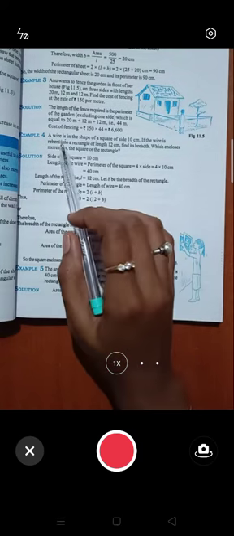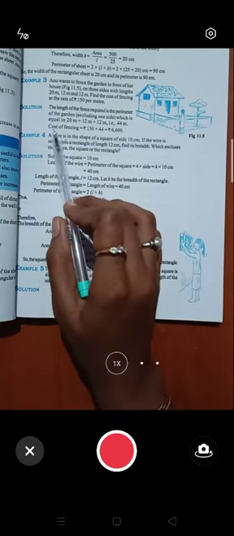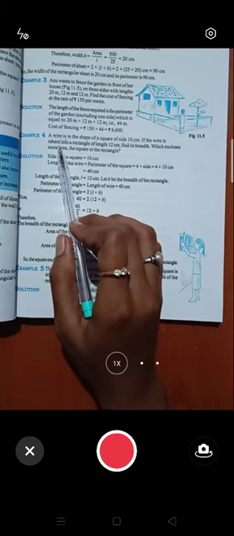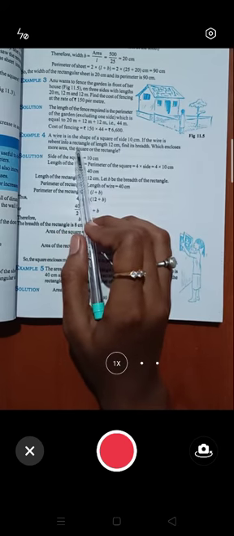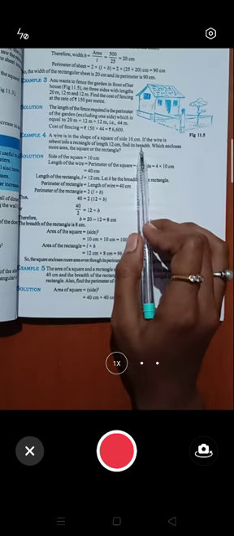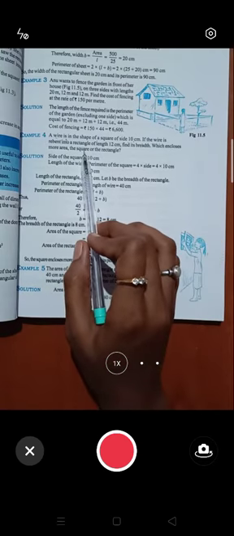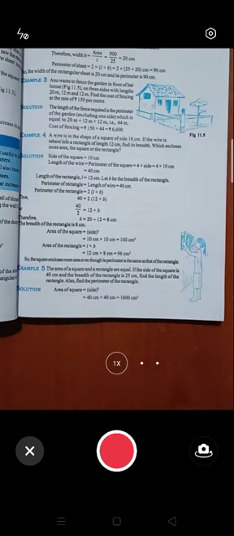So the question is, there is a wire which is in the shape of a square and the measurement of its side is 10 centimeter. If the same wire is rebent or reshaped into a rectangle of length 12 centimeter, we need to find its breadth. And we also have to find out which encloses more area, whether the square or the rectangle.